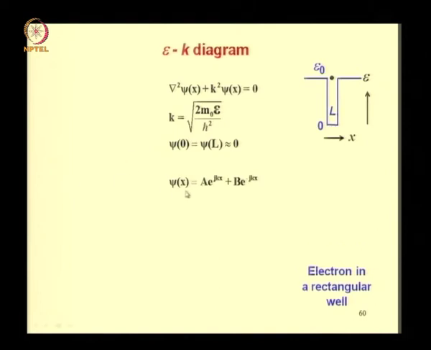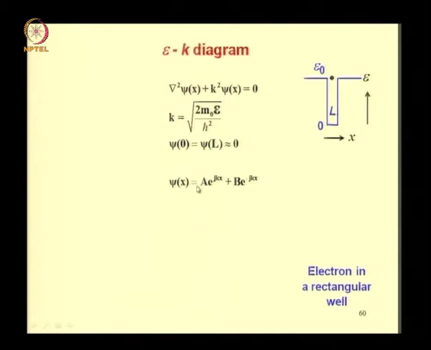So the wave function solution for this simple differential equation is psi(x) equal to A e power jkx plus B e power minus jkx. Okay, the simple second order differential equation.